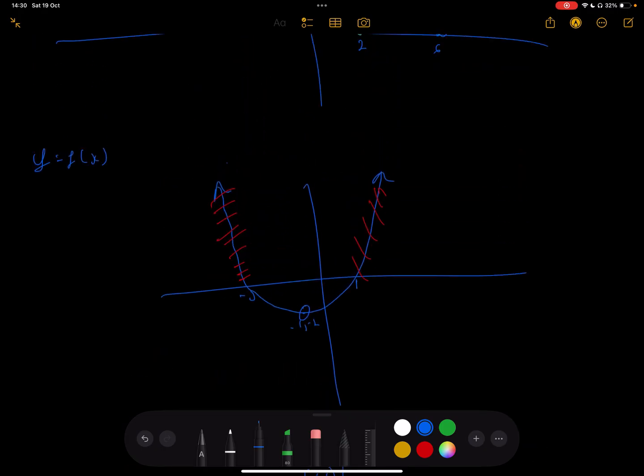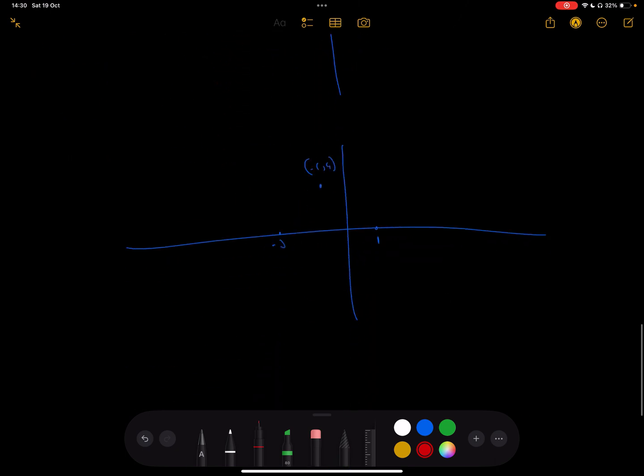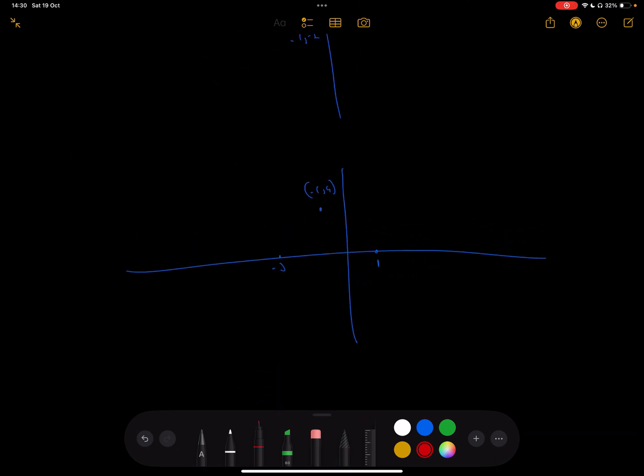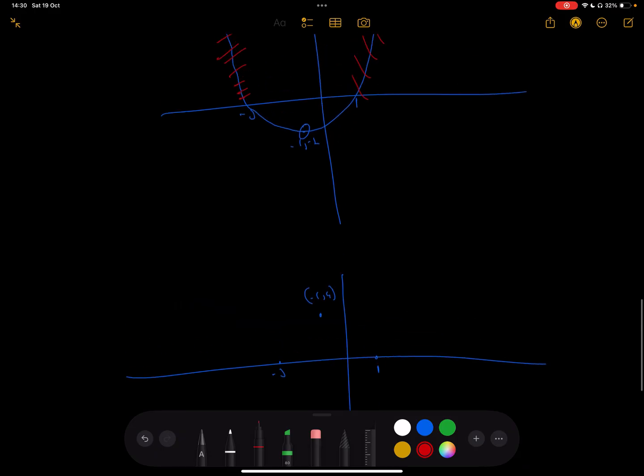So instead of it going up like that, like this, we'll have to go up more like this. As you can see, it's steeper because at each x value, the y value is being squared. So for each x value, it's higher in terms of y. So how can we draw this?